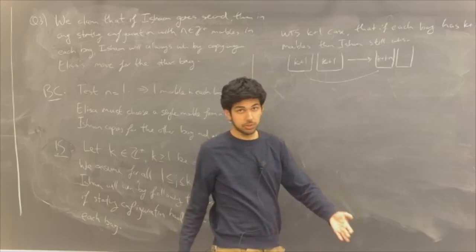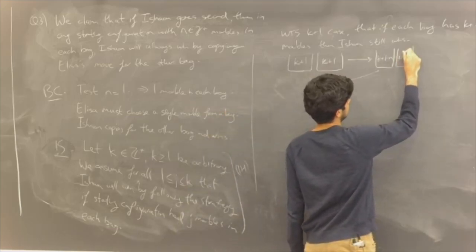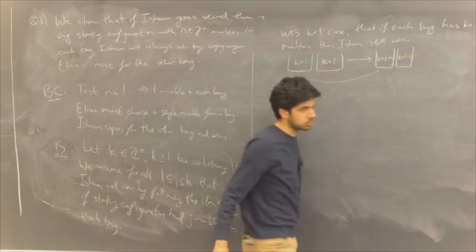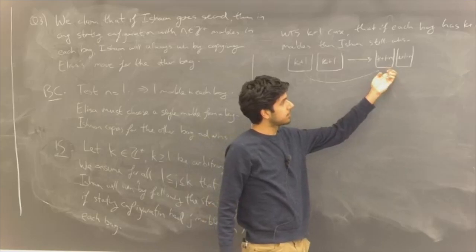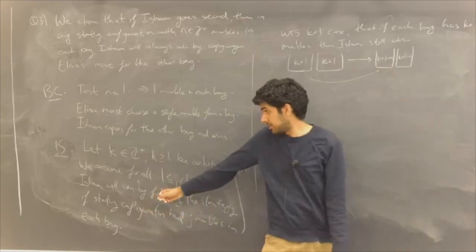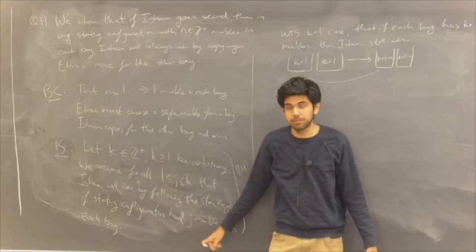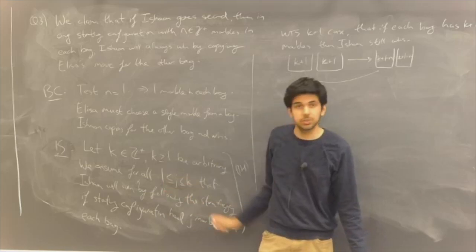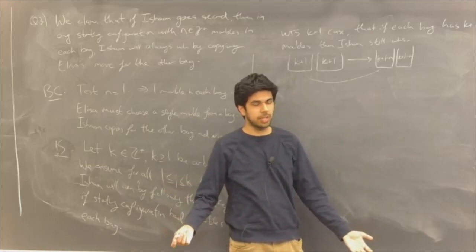If Ishaan's following the strategy, he would remove m from the second bag, and that would also have k plus 1 minus m. So the same number in both bags, and we said if there's the same number in each of the bags, Ishaan will win, as long as that number falls within the range 1 to k. That seems pretty okay.